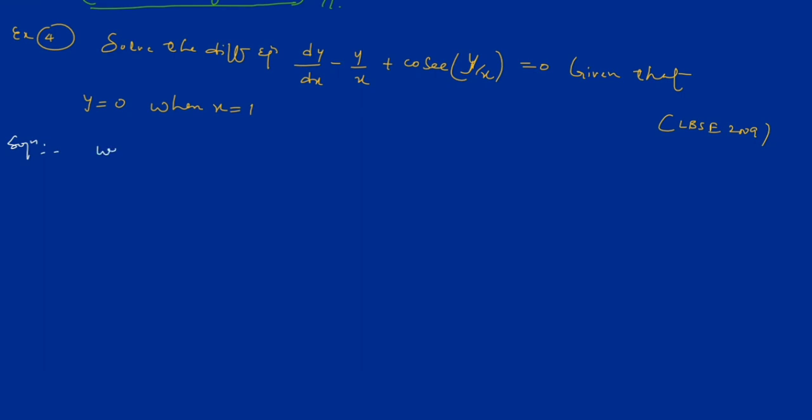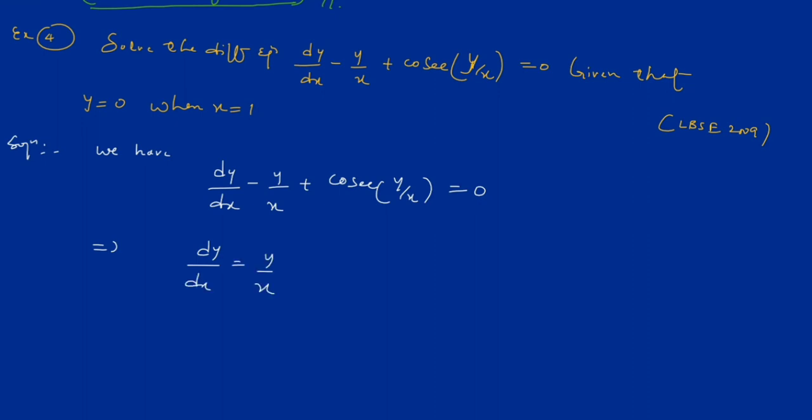The solution: we have dy by dx minus y by x plus cosec y by x equals 0, right? So now I have converted it into the standard form, it becomes dy by dx equals y by x minus cosec of y by x.